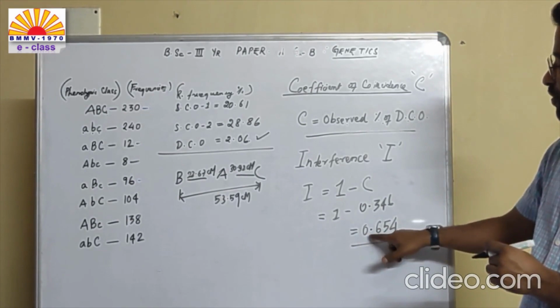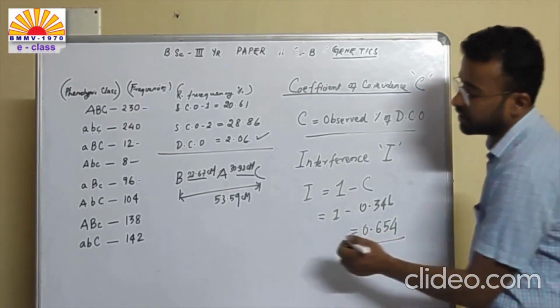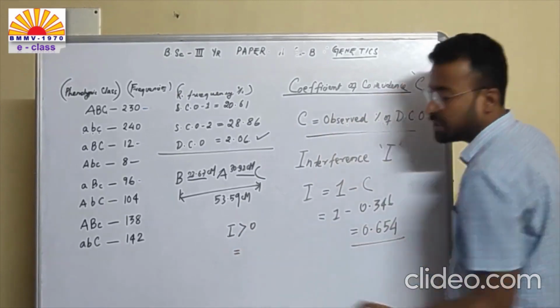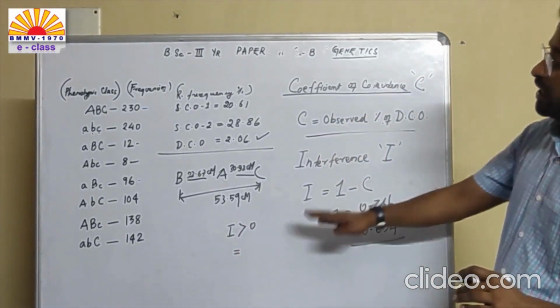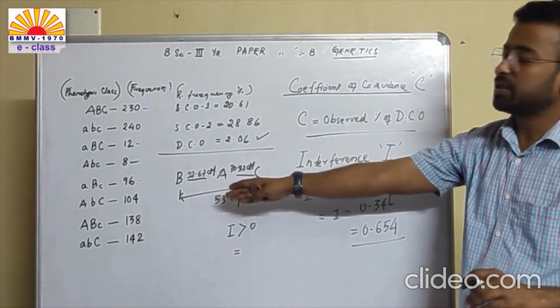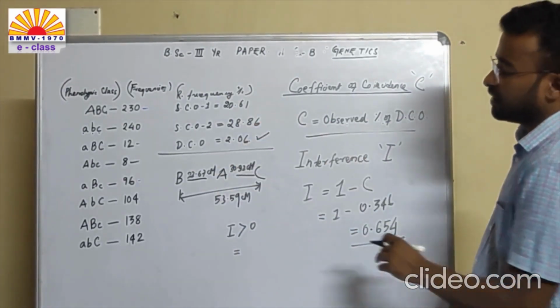Now 0.654 is very interesting data. Interference is 0.654. That means interference is more than 0, and interference explains why there is a variation in this type of data.